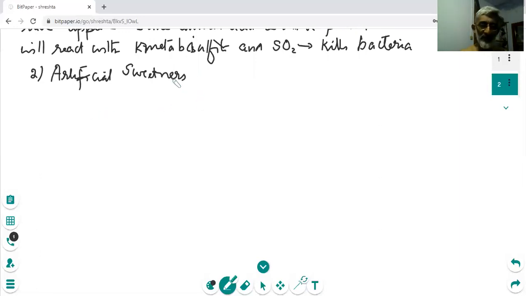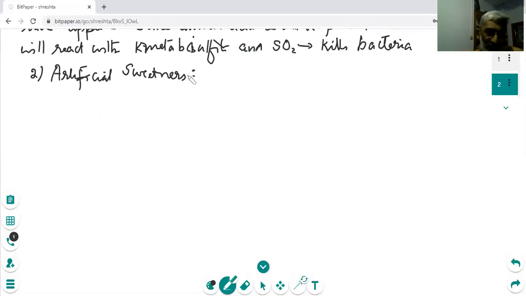The most common sweetener is definitely sucrose. And remember, sucrose has two functions. One is it gives a sweet taste. Second, it has a food value. Sucrose is converted into fructose and glucose, which are absorbed by the body and used for energy.